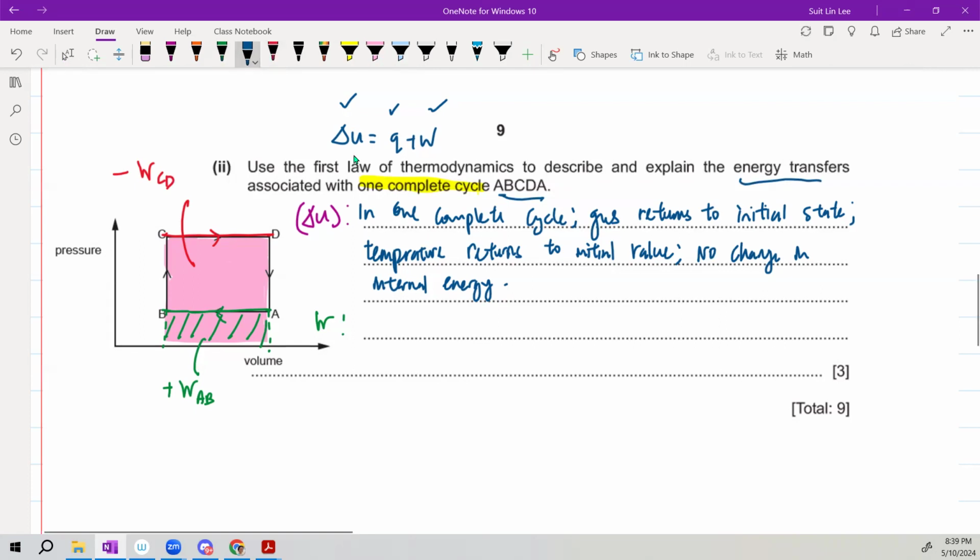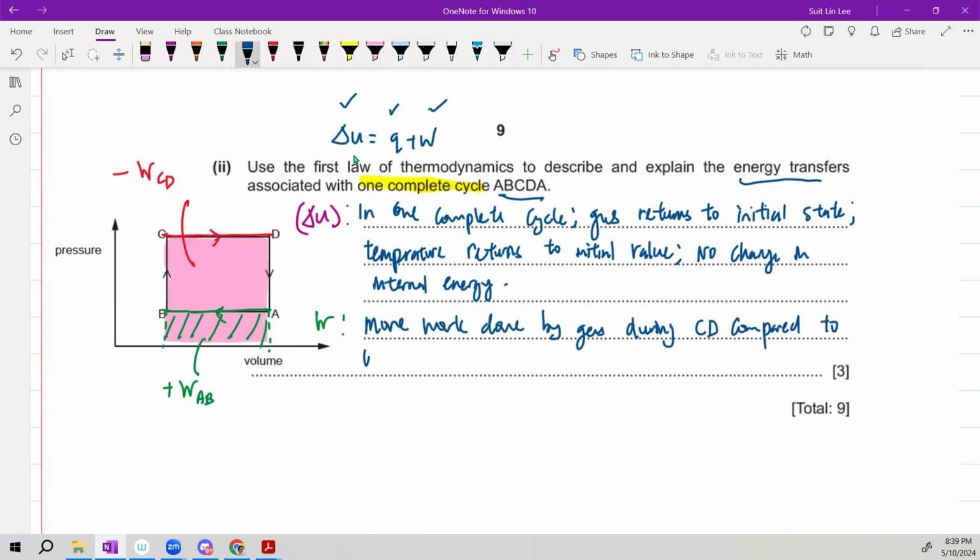So I will say that there is more work done by the gas during the process CD, as the gas expands, compared to work done on the gas during the process AB.